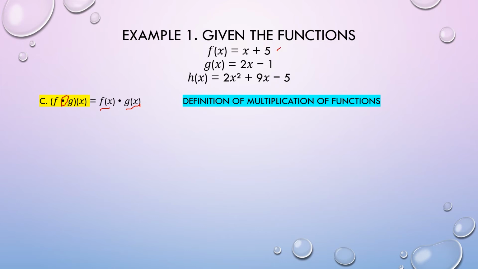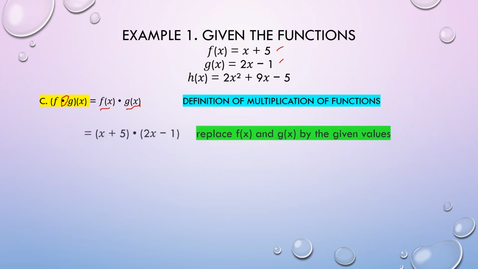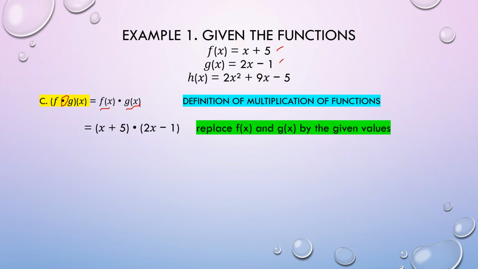So still the same functions that we're going to use. Now we're going to replace f of x and g of x by the given function. So we have here x plus 5 times 2x minus 1. Okay. Next, we're going to multiply the binomial.